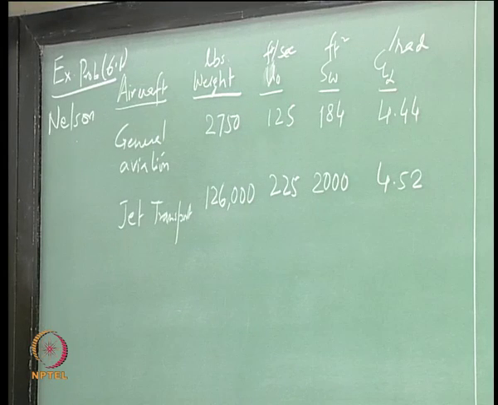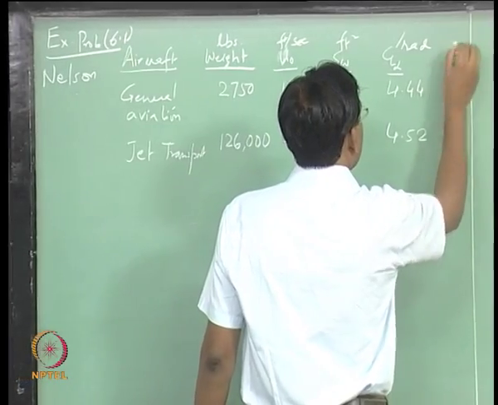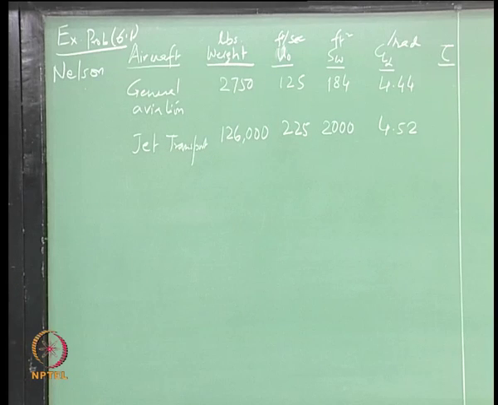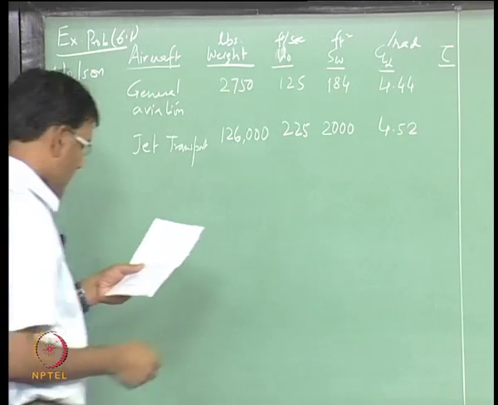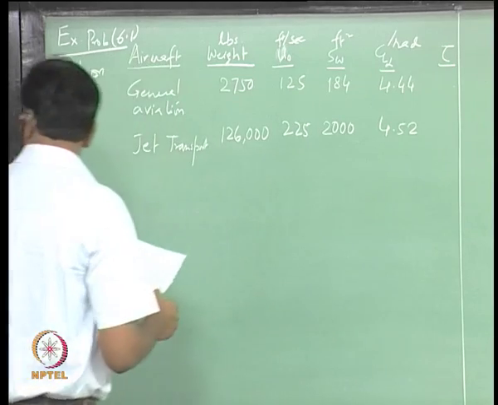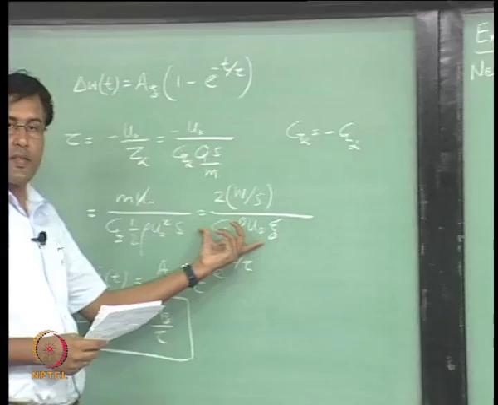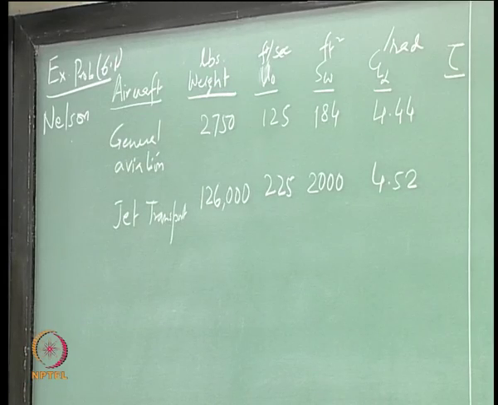So, what we are interested in finding out is what is the response actually in the two cases, right. So, we need to find out what the time constant is. Now, everything you know here from the data that is given there.